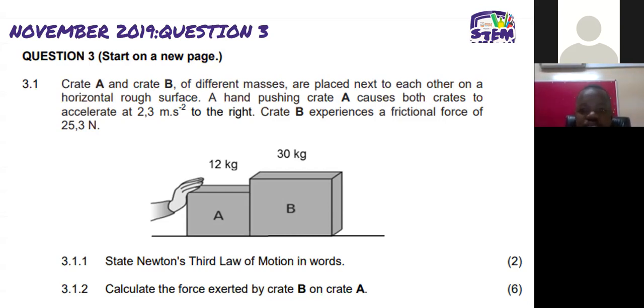A hand pushing crate A causes both crates to accelerate at 2.3 meters per second squared to the right. Crate B experiences a frictional force of 25.3 newtons. Then they say to us, state Newton's third law of motion in words.